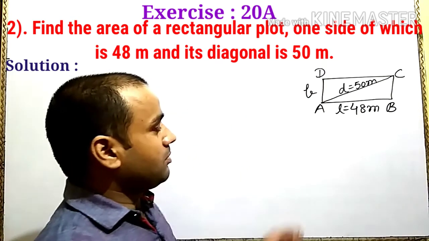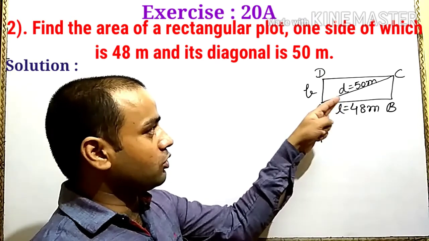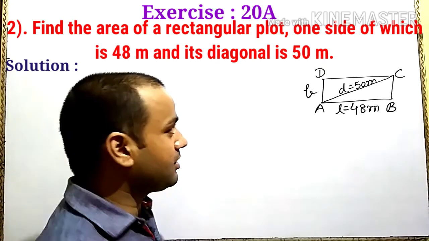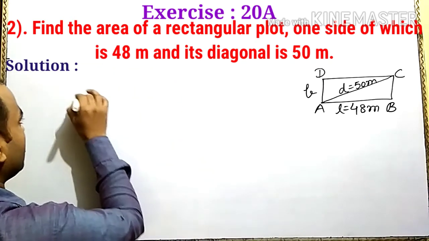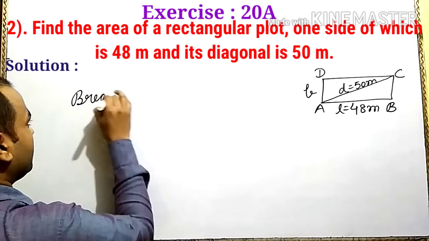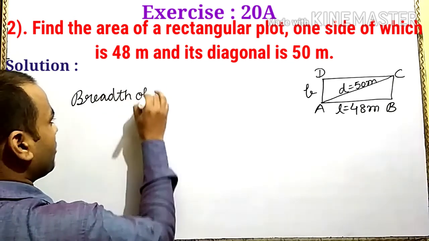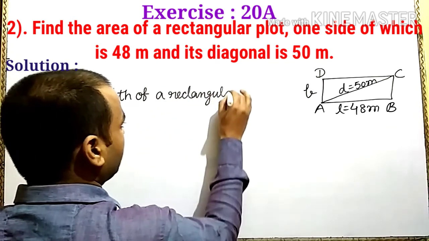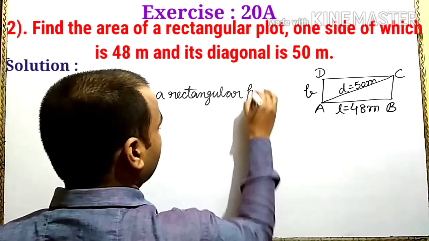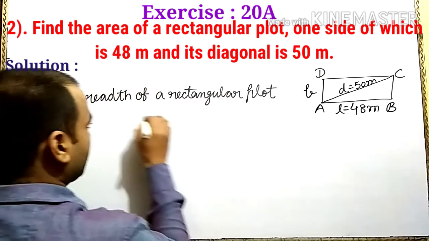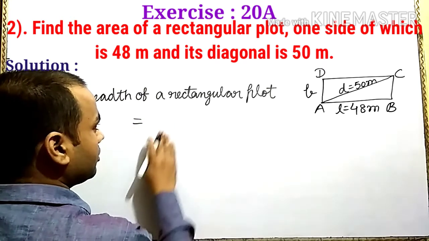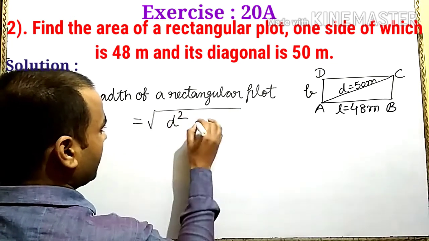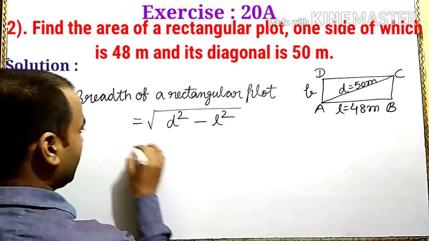So we write diagonal is equal to root under L squared plus B squared, and with conversion, breadth of a rectangular plot is equal to root under diagonal squared minus length squared.